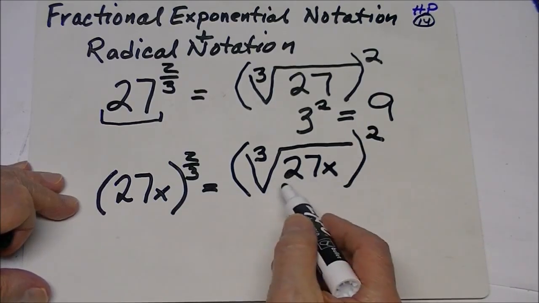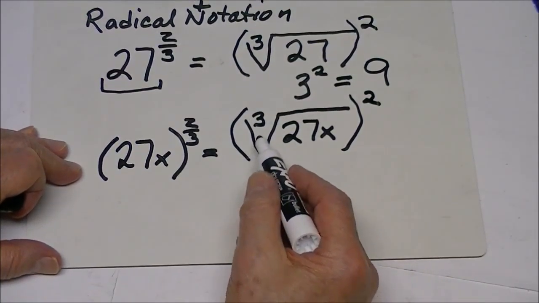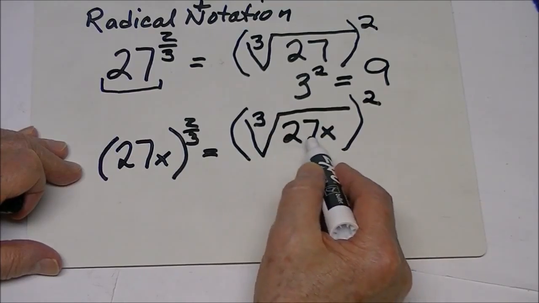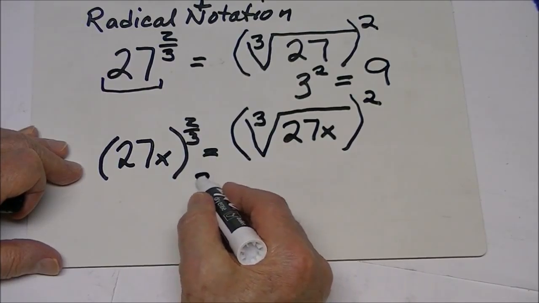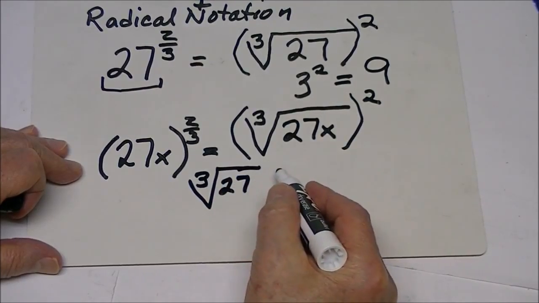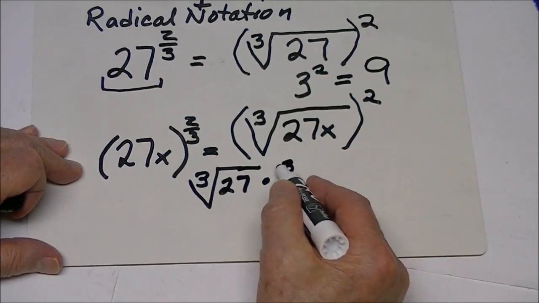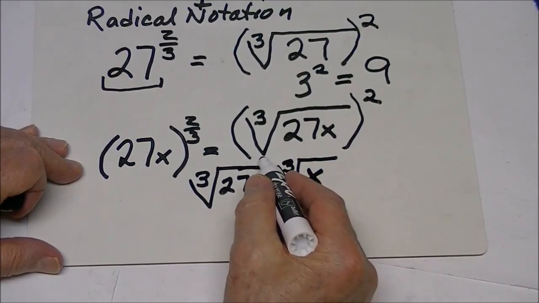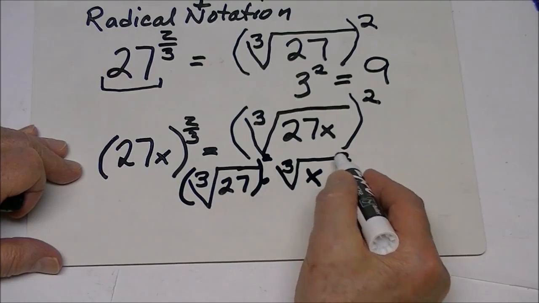Now, in simplifying this, that'll take us to our next step, where we can tease this apart, because this is a perfect cube here. So we could write it like this: the third root of 27, in a sense, times the third root of x, and then this is going to be squared, and this would be squared.